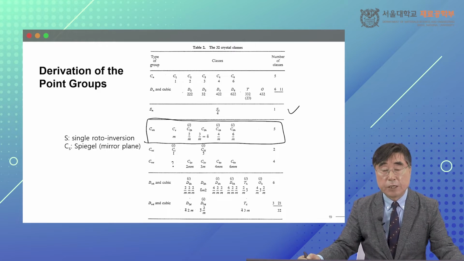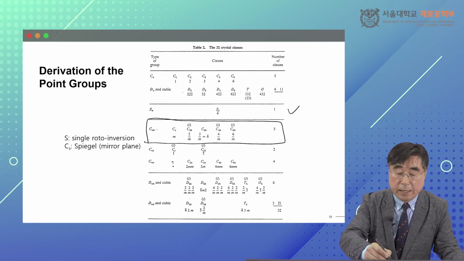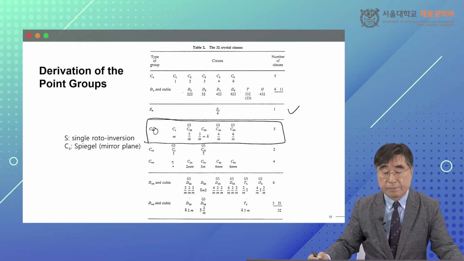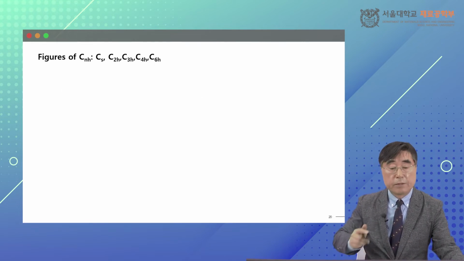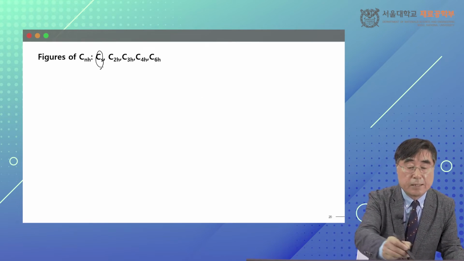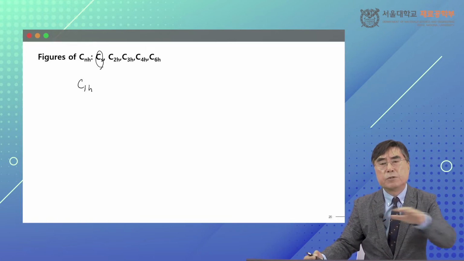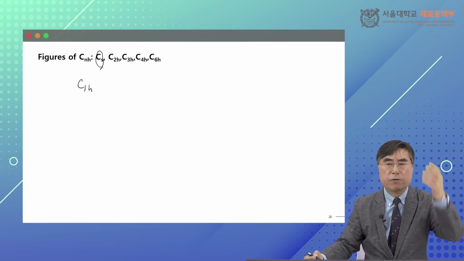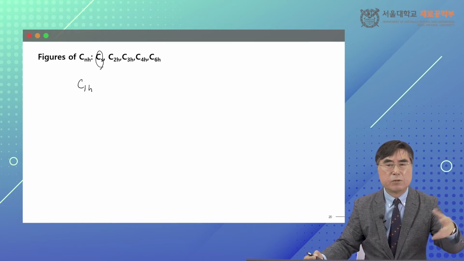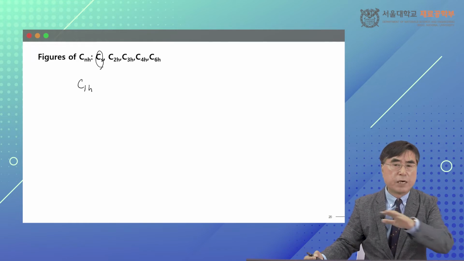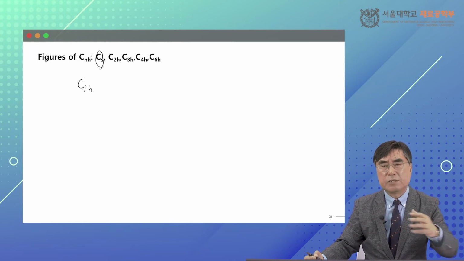So cyclic rotation operation of n-fold, and I put horizontal mirror plane. Okay, so the first one is CS. This one is basically C1H, one fold, and I put the horizontal mirror plane. But one fold is no symmetry in there, and you have one mirror plane. So this is just one mirror plane.